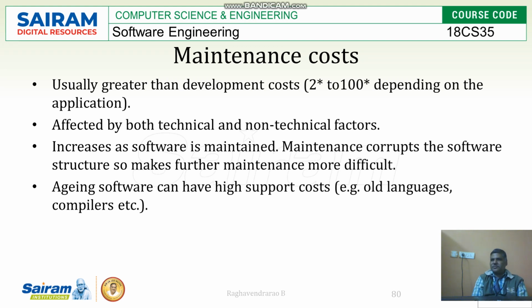It starts from multiple times the development cost. It is checked with functional and non-functional factors. The maintenance has been checked, verified, and increased, with incremental changes. So maintenance has to be considered for this particular application.